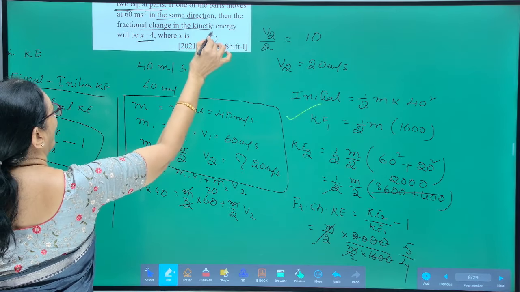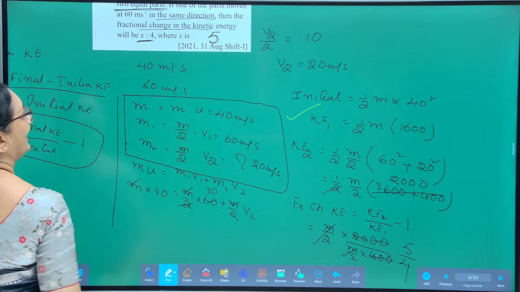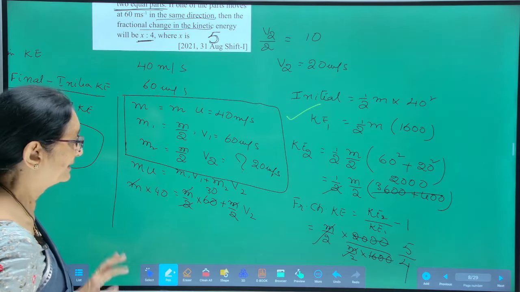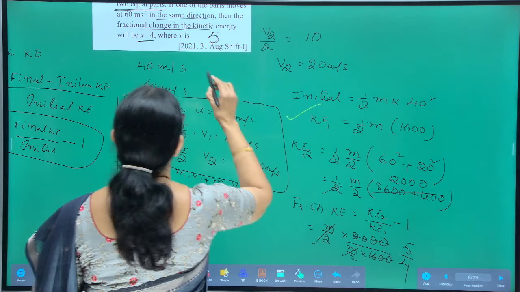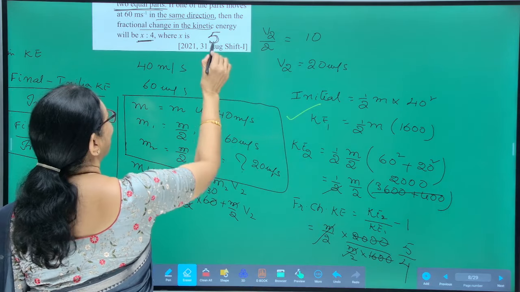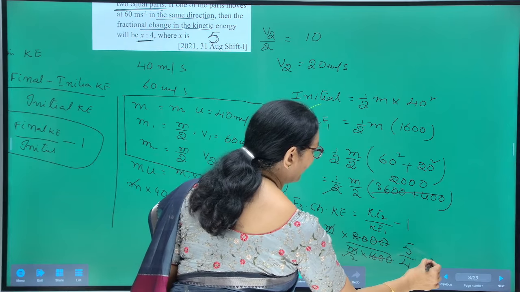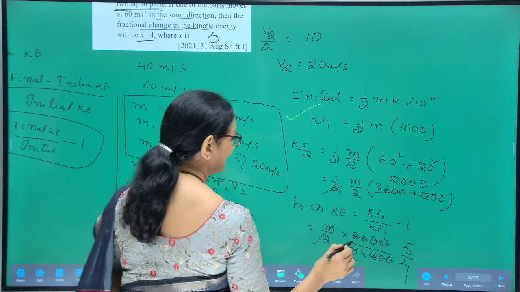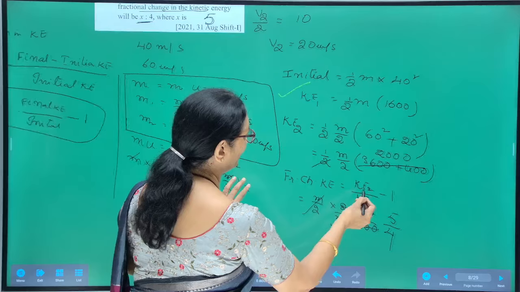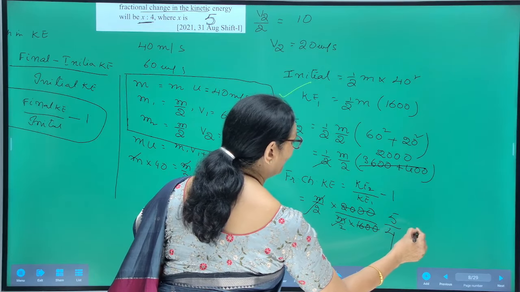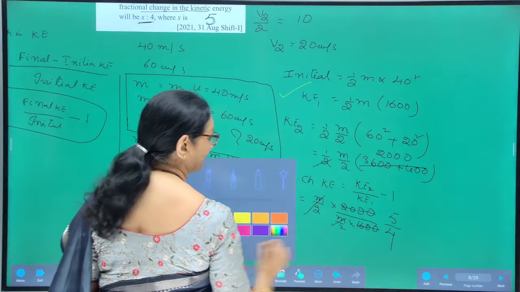So, very obviously the value of x here is 5? No, that is not the right answer. See here, I did not complete the problem yet. See, 5 by 4 minus 1, isn't it? KE2 by KE1 minus 1 is the answer.